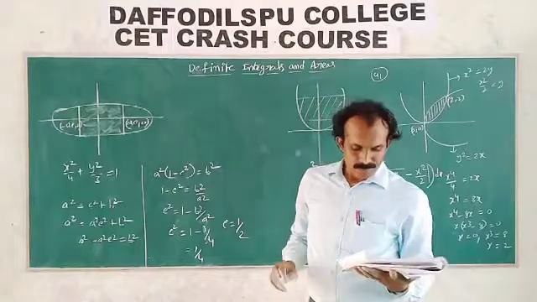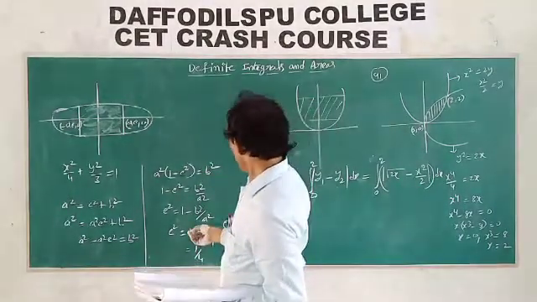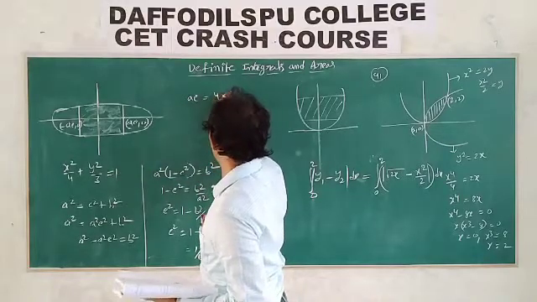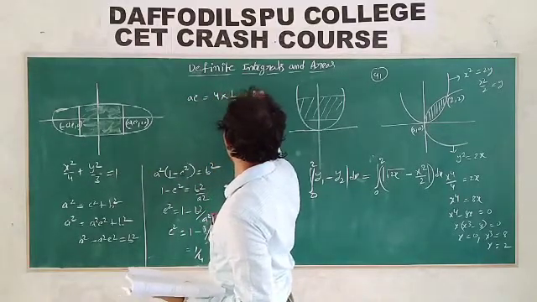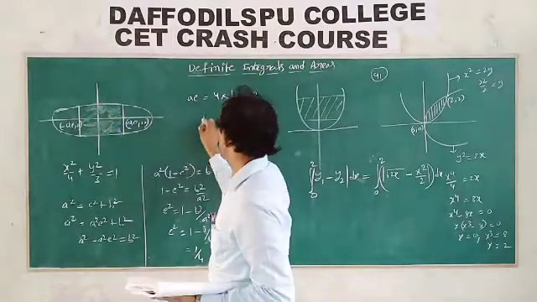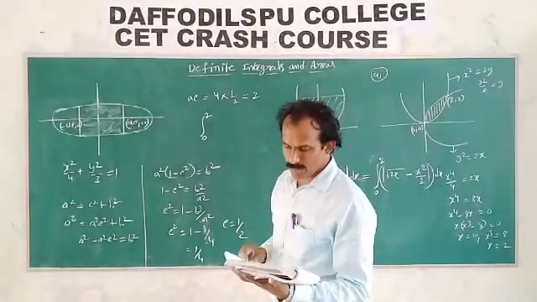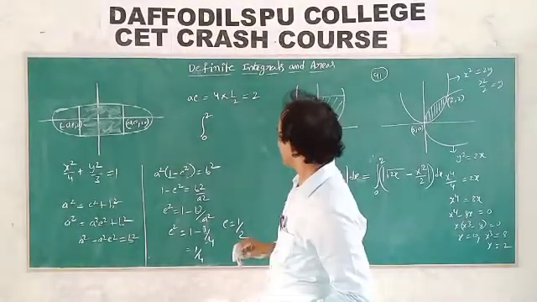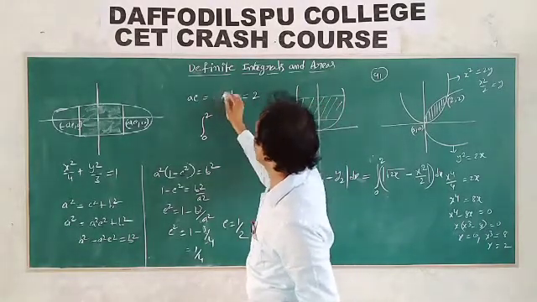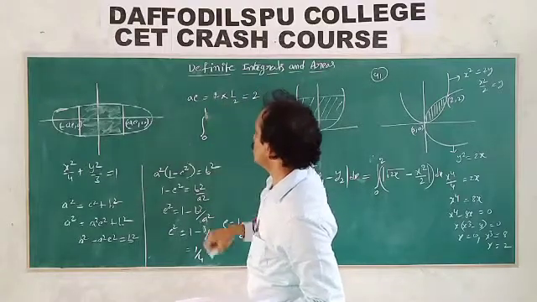What is the limit? 0 to ae. a means 2, so ae is equal to 2 into e value 1 by 2. That implies 1. So, the limit is 0 to 1.